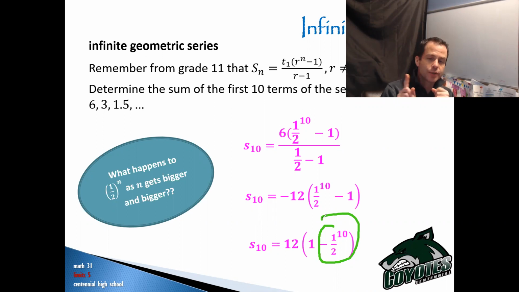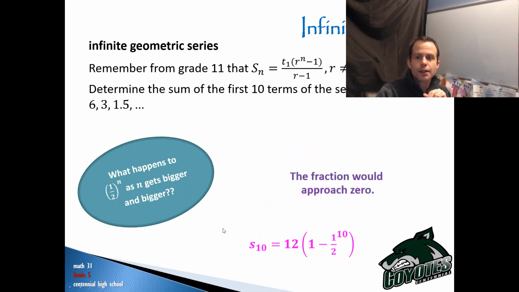If that approaches 0, I end up with 12 times 1, which is just 12. Yes? Stay with me. If that didn't make sense, it's going to in a minute. So the fraction would approach 0.